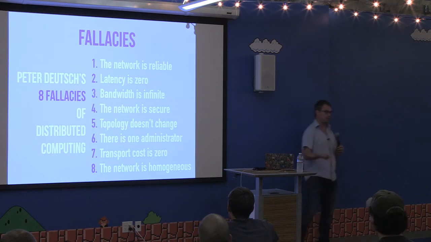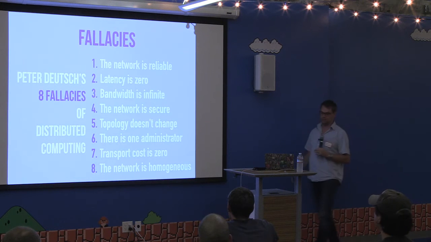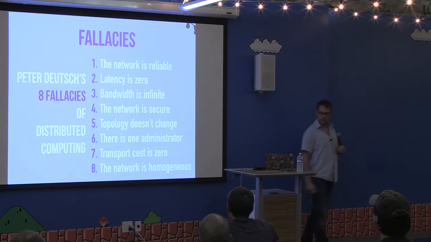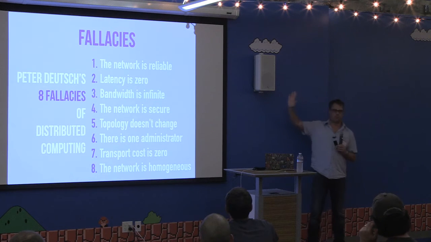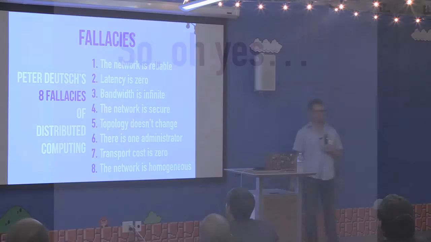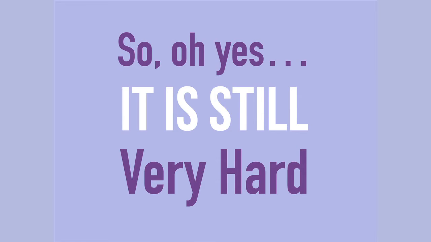The cleaning lady, or someone that you almost completely leave out of the picture when you design the system. Transport cost is 0. The network is homogeneous. We should really put this up on the wall and internalize these things, I think. So it is very, very hard, and we need to have good strategies to deal with this.